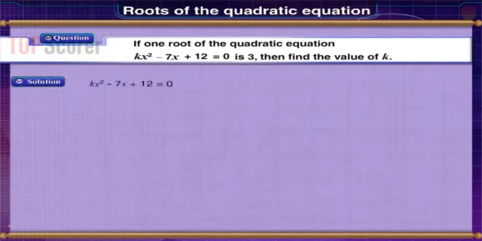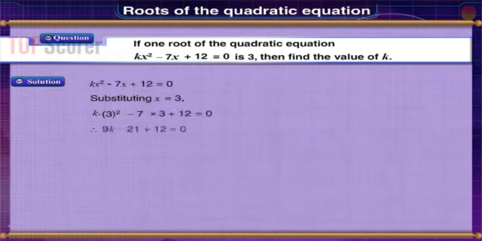Substituting x is 3 in the equation, we get k into 3 square minus 7 into 3 plus 12 is equal to 0. On simplifying, we get k is 1. Therefore, the value of k is 1.